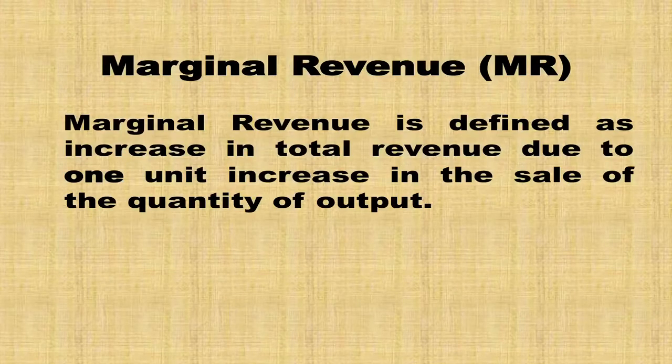Marginal revenue is defined as the increase in total revenue due to a 1 unit increase in the sale of the quantity of output. In the above example, the vendor that we have shown increases the sale to 21 kg.